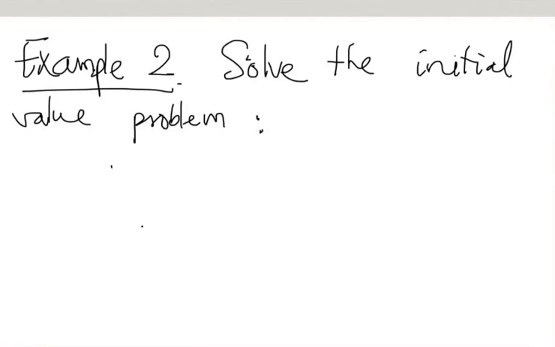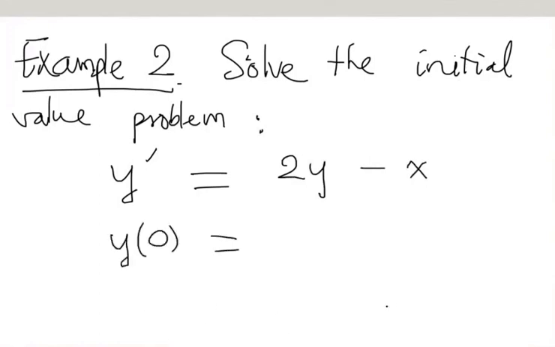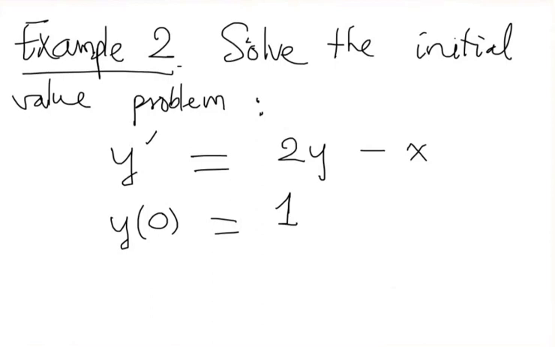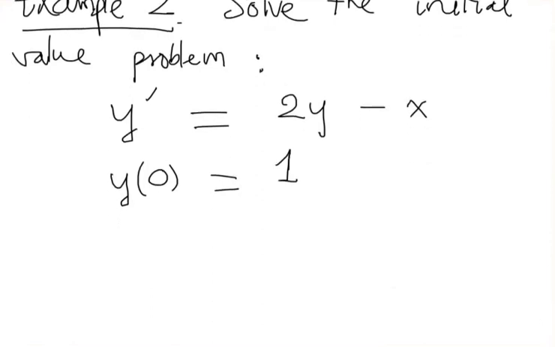We have y prime equals 2y minus x, and the condition is y of 0 equals 1. As before, this is our ODE, and this is our initial condition.